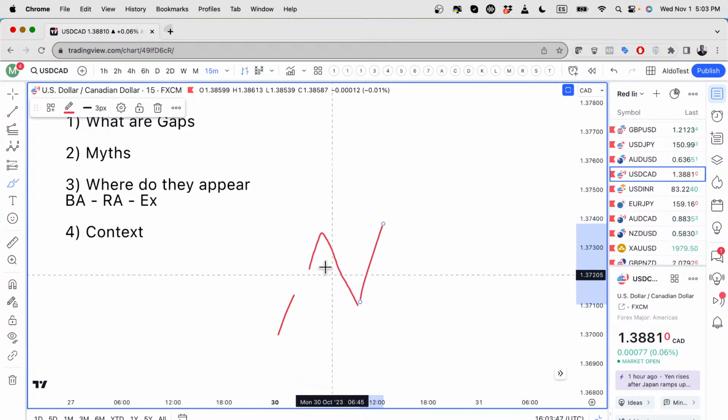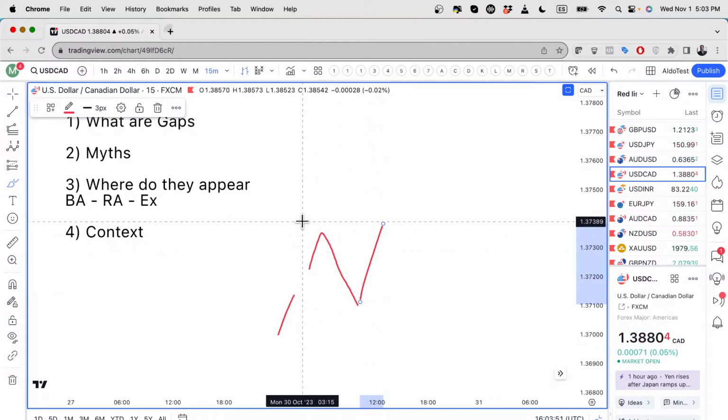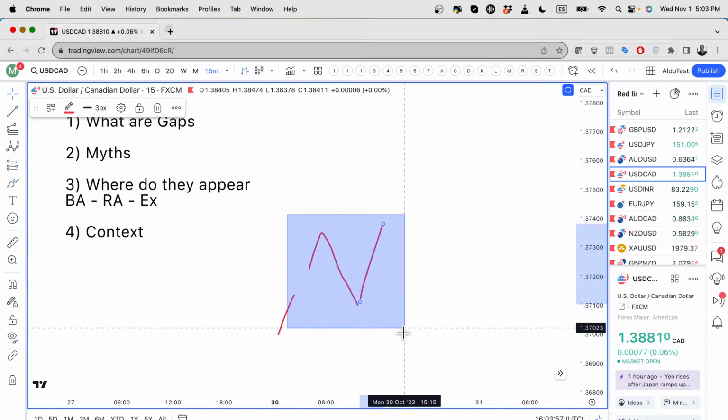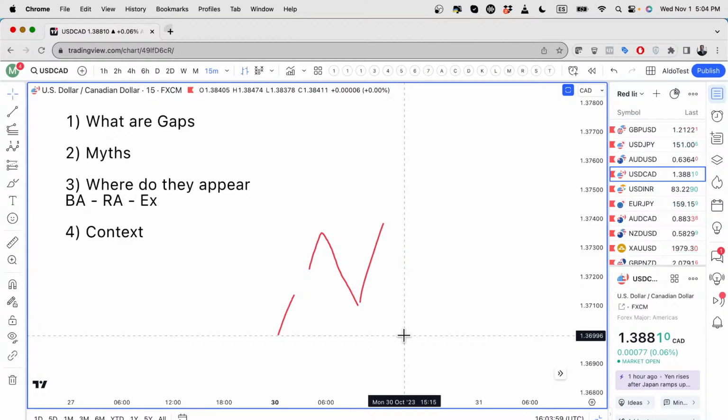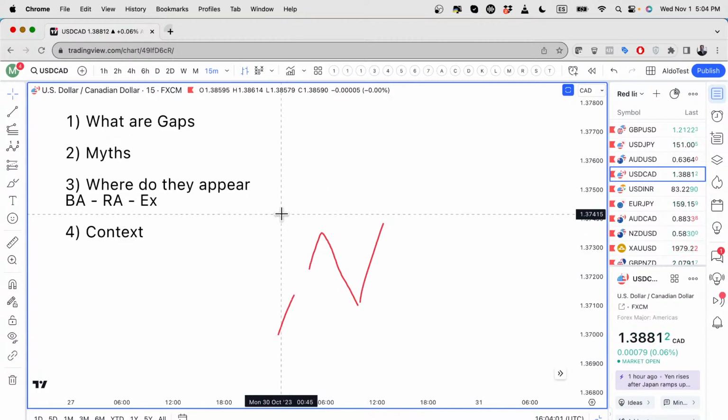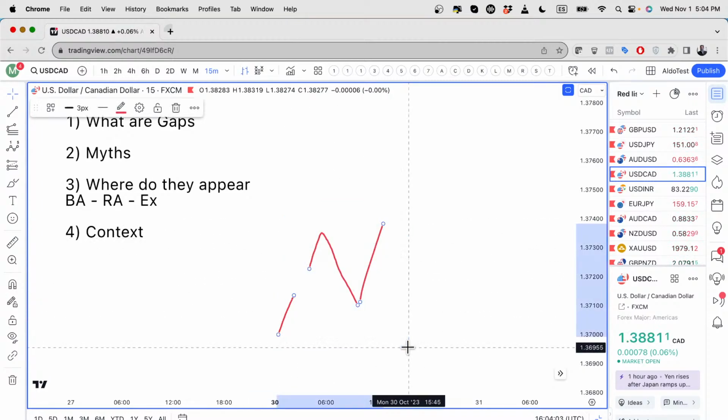The point is that those gaps typically need to be filled. Well, the sad story is that that is not true. Not all gaps are filled. In fact, few gaps are filled.